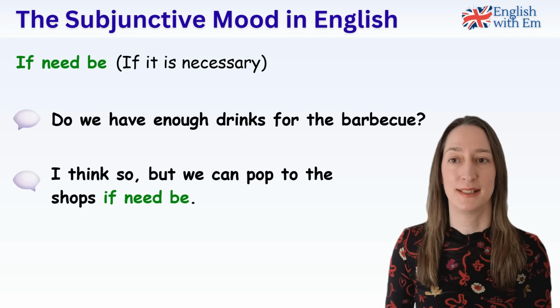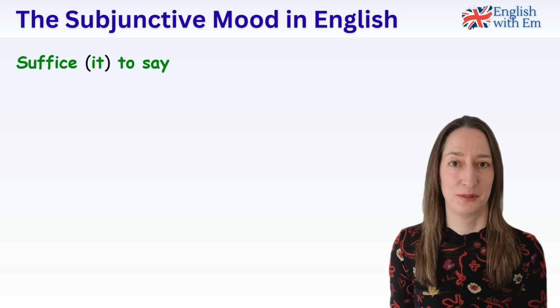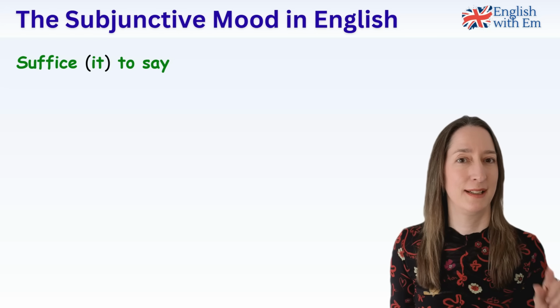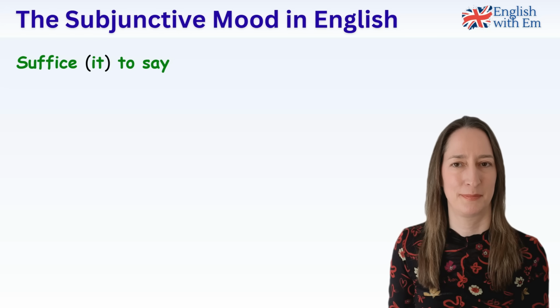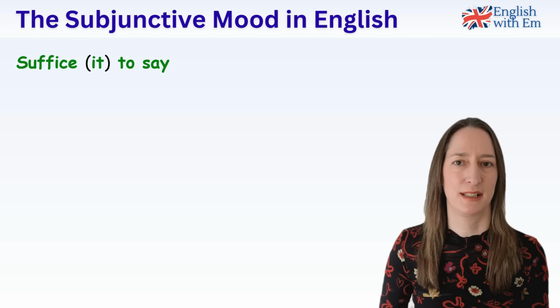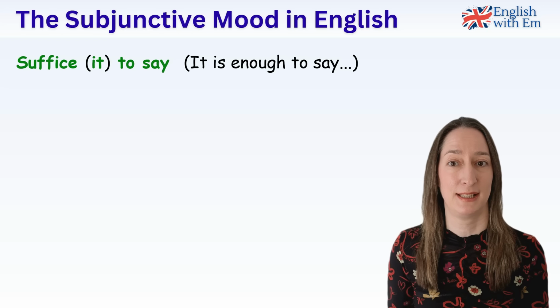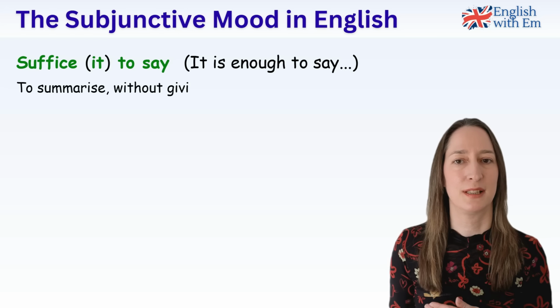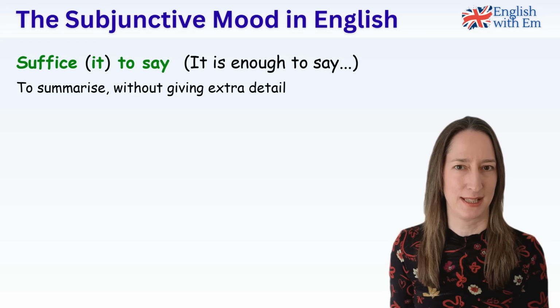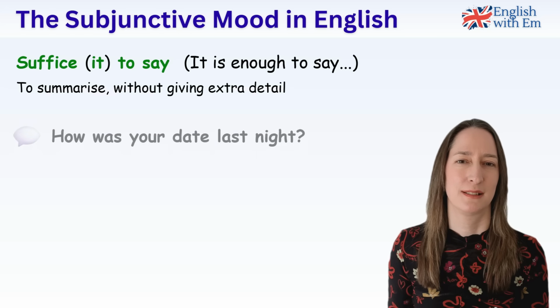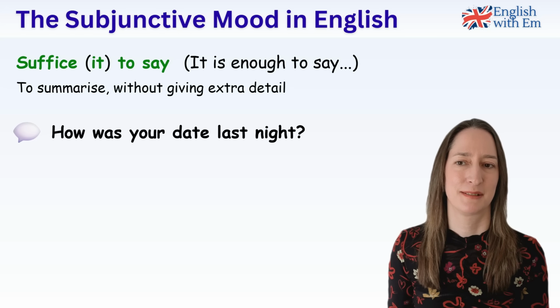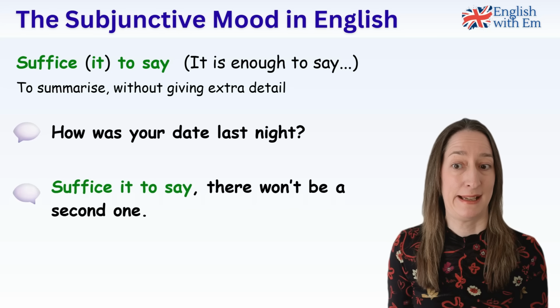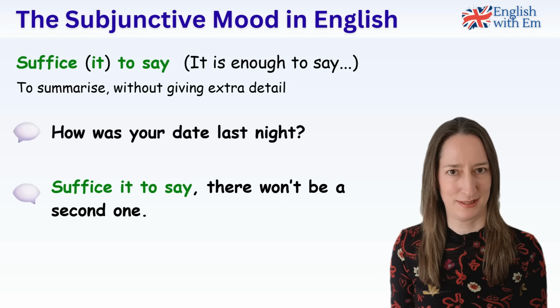Our next one is suffice it to say, or suffice to say. The "it" is optional. And this is like saying, it's enough to say. It's used to summarize without giving extra detail. How was your date last night? Suffice it to say, there won't be a second one.